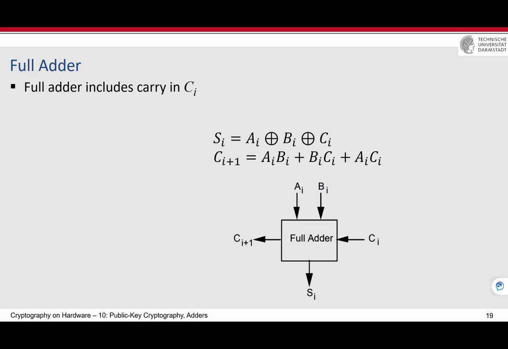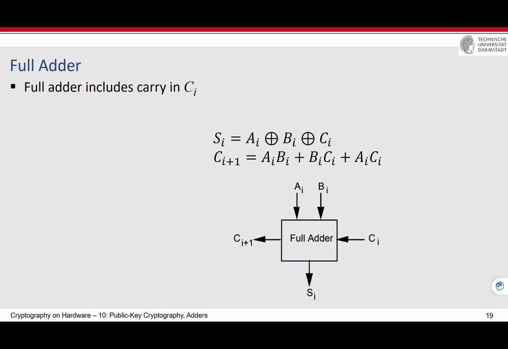Now, we need to review what you have probably learned during the first or second semester digital technique: the adders. You already learned the full adder, which has A, B, and C as the inputs, S is the sum result, and C is the carry out. You consider Ci as the carry in, and the next one is the carry out.